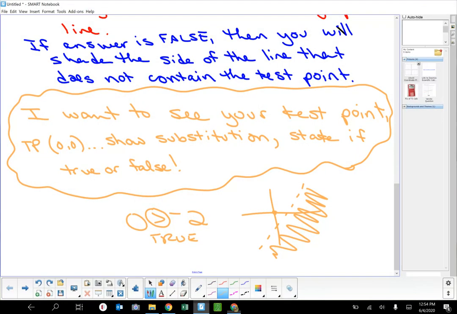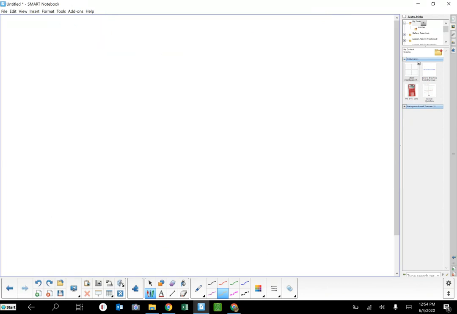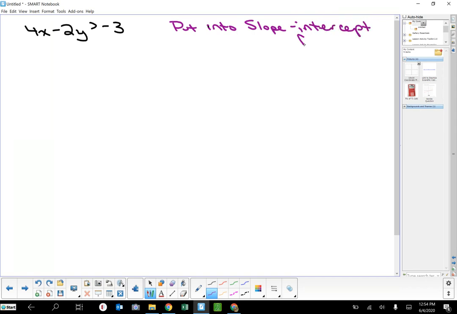All right, let's go look at one more example. This one that was problem 9 we just did. We're going to do problem 10, which looks like this. 4x minus 2y is greater than negative 3. So the first thing we need to do here is put this into slope-intercept form, right?